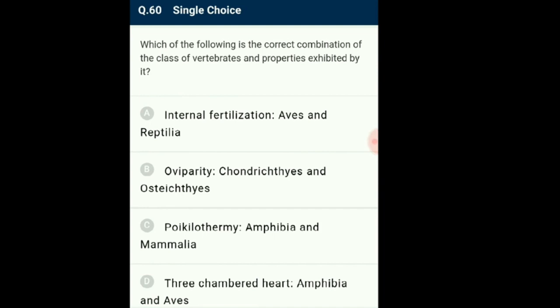Amphibians have a 3-chambered heart, while birds have a 4-chambered heart. Both birds and reptiles have internal fertilization. So the answer for this question is option A. The correct combination of the class of vertebrates and properties: internal fertilization takes place in birds and reptiles. So the answer for this question is option A.